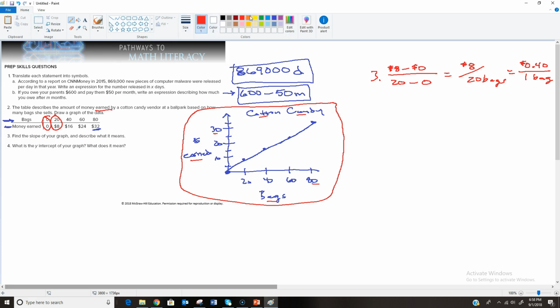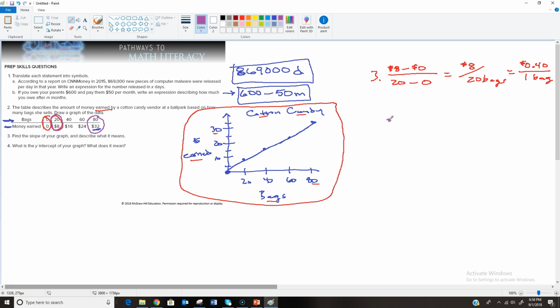Now, we could have picked different values. Say I wanted to do a different color here, like a purple. I'll use 20 and 8 again, but I'll go up and use our last point, 80 and 32. I should get the same answer because it's on the same line.